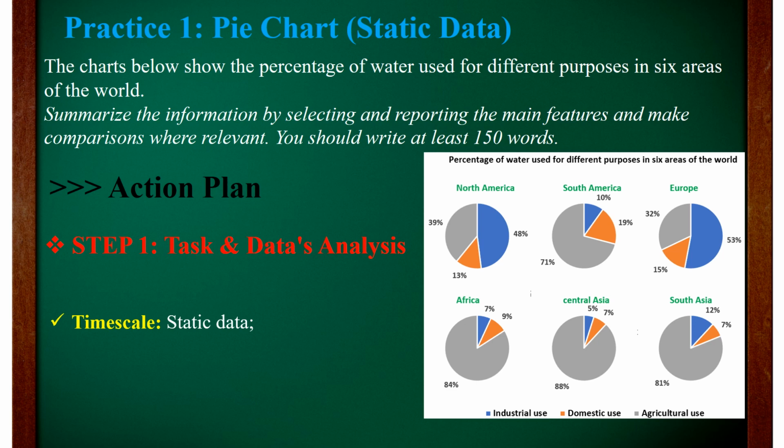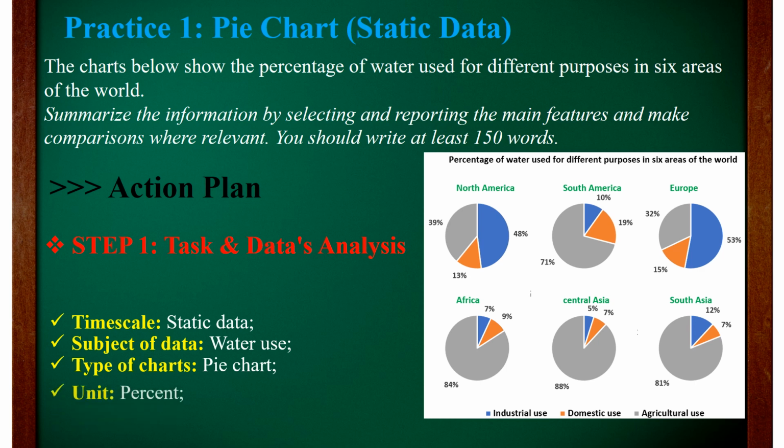Turning to subject of data, it is about water use, as you can see in both the assigned question and title of the chart. Next is the type of chart. They are pie charts. Concerning units, the unit here is percent.